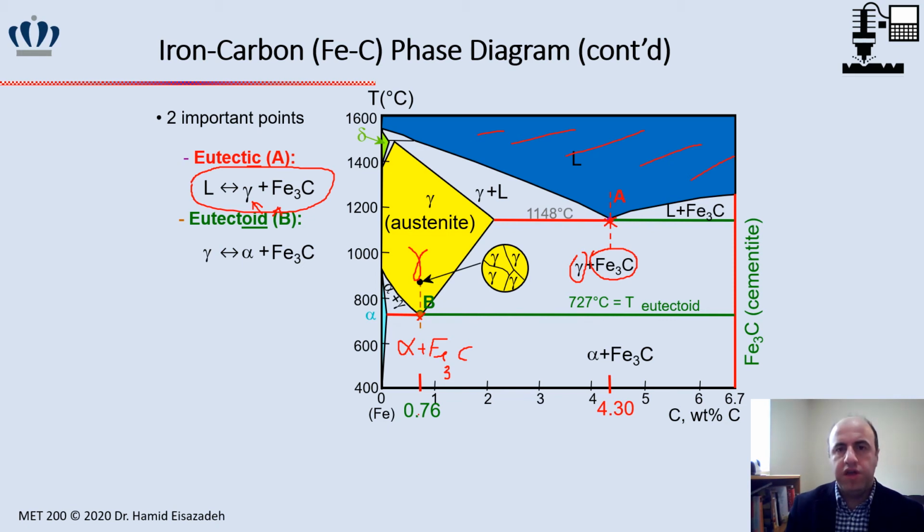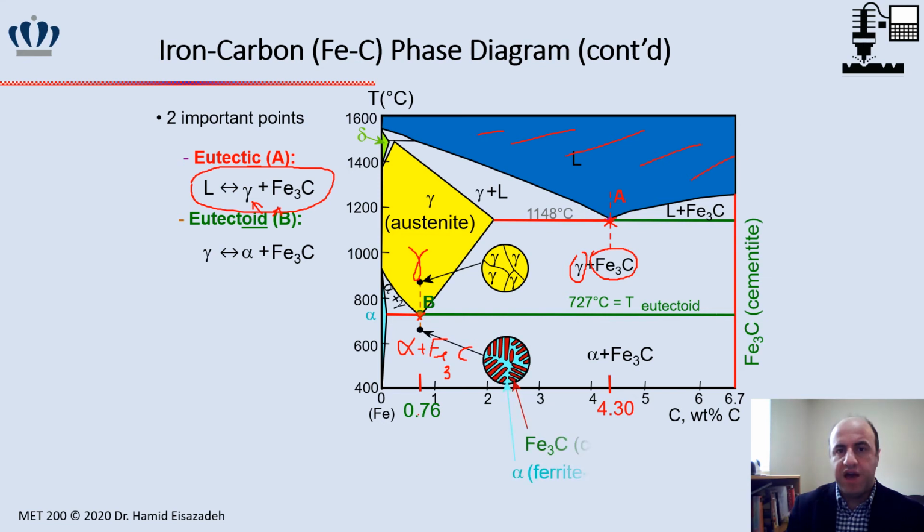When we are in the austenite region, we have grains, and grains will look like this, just a schematic. Then when it transforms, it's all one phase, right? But we have multiple grains in it.